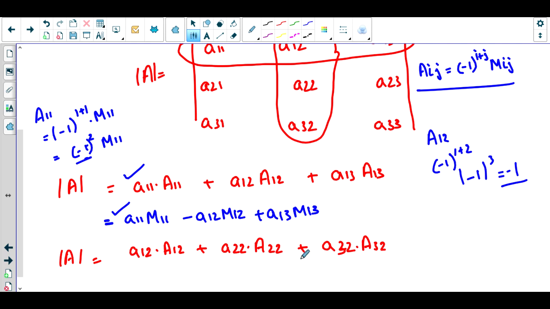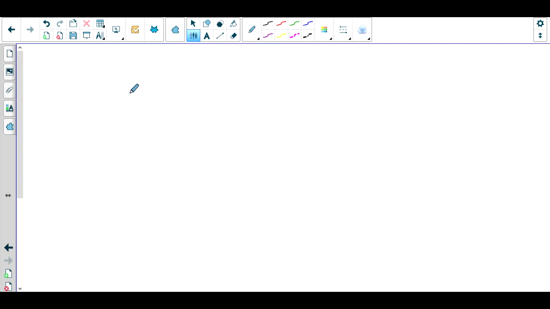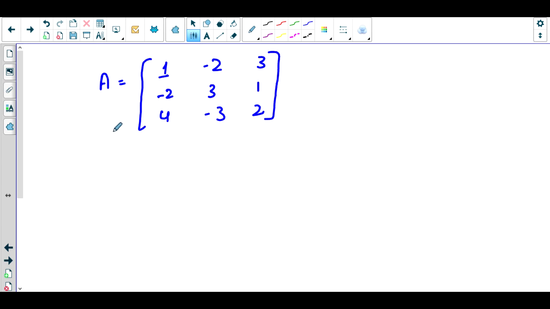Okay, let us try to implement this now on a question. Let's say we have a matrix A: 1, -2, 4; -2, 3, -3; 3, 1, 2.